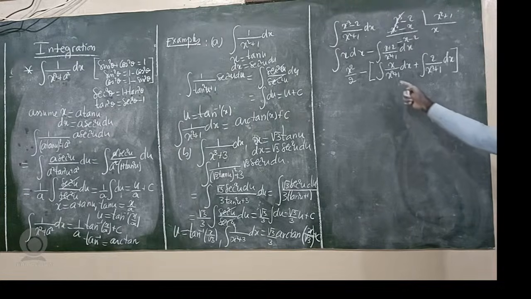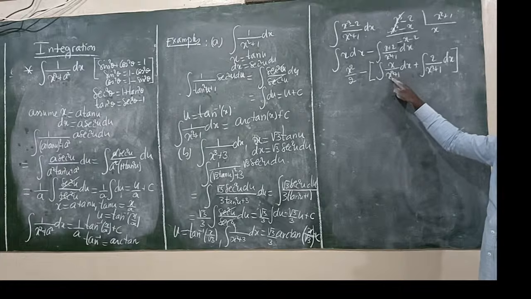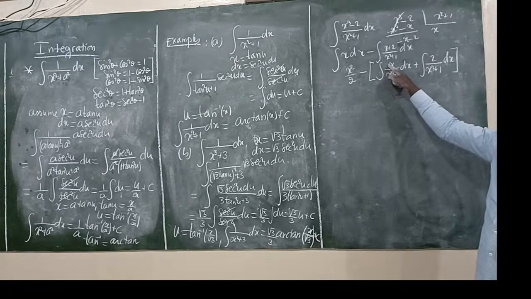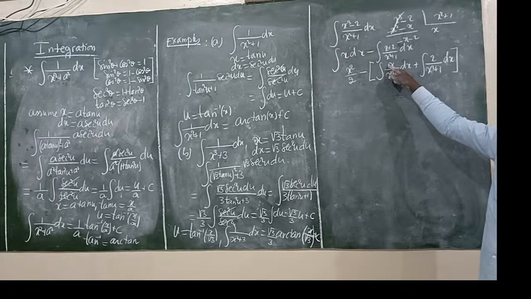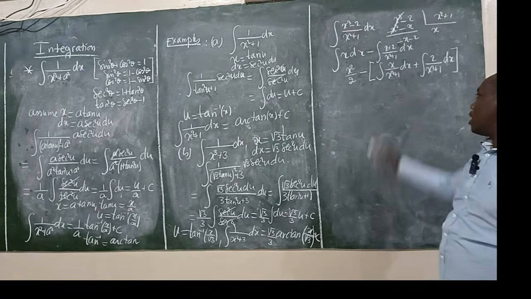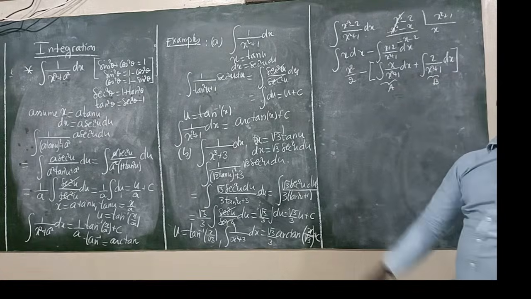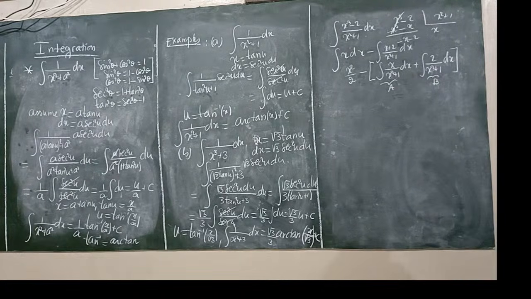Look, this one, taking the derivative of the denominator will give us 2 times the numerator. That's why I can use, let me put this A and this B to make this question well understood.